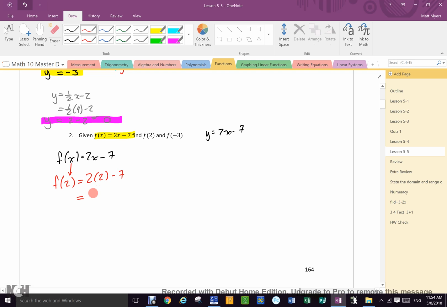What is 2 times 2? 4 minus 7, negative 3. So the f of 2 is negative 3. What then is the ordered pair? 2, negative 3. Because the 2 was an x value. Is everyone good? Great. You do the next one.